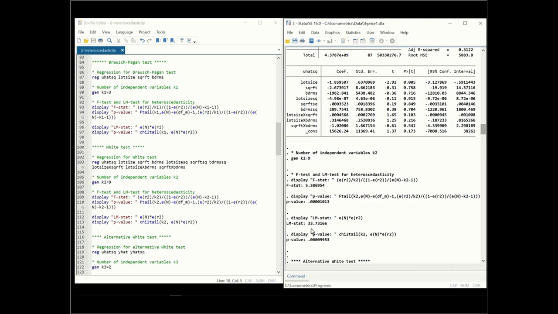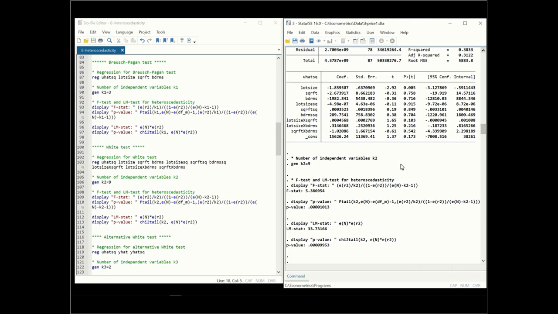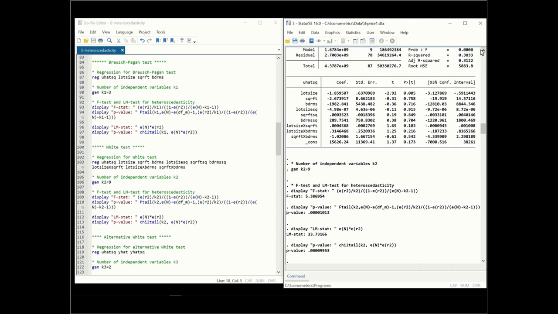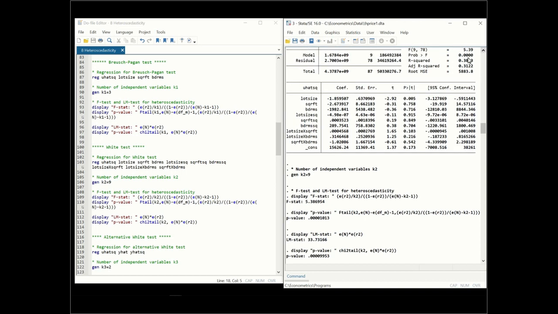And the LM statistic is n, the number of observations, times the r squared. And here the r squared is 0.38. And so this is what we get as a p-value for this test. So again, looking at this, we see one coefficient was individually significant, but all of them are jointly significant using the F-test for overall significance of the regression.